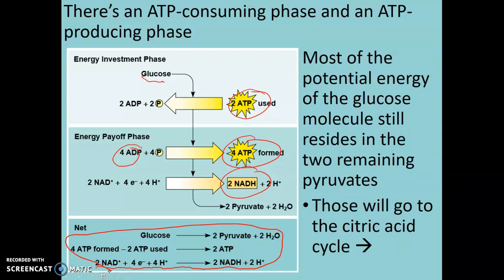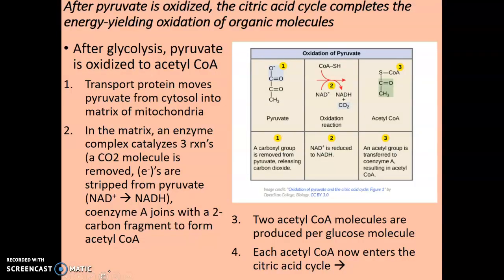Most of the potential energy of the glucose molecule still resides in the 2 remaining pyruvates, and these are what are going to move into the citric acid cycle. After pyruvate is oxidized, the citric acid cycle completes an energy-yielding oxidation of organic molecules. First we take those pyruvates and oxidize them into acetyl coenzyme A. The transport protein moves the pyruvate from the cytosol to the matrix of the mitochondria, where the rest of cellular respiration takes place, because remember the job of mitochondria is to make ATP.